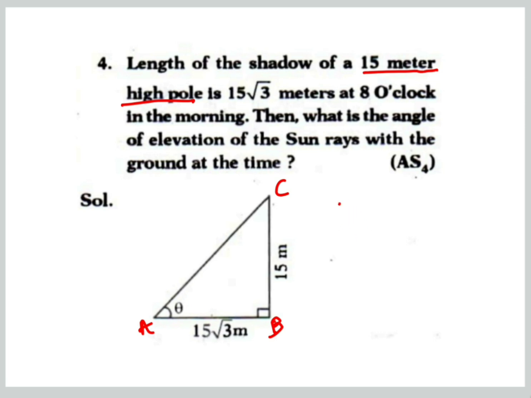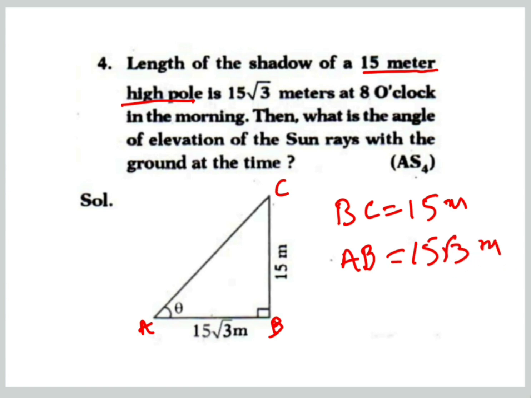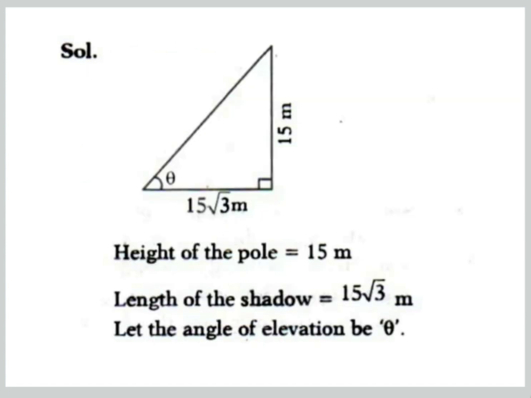We know that the pole height BC is equal to 15 meters and AB is equal to 15 root 3 meters. The relation between AB and BC is tan theta.